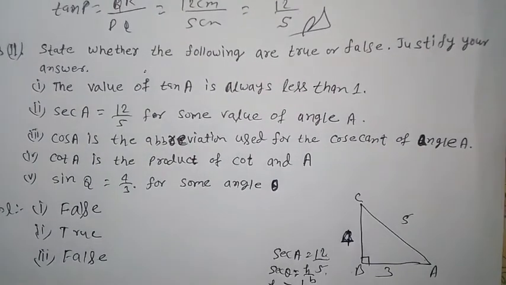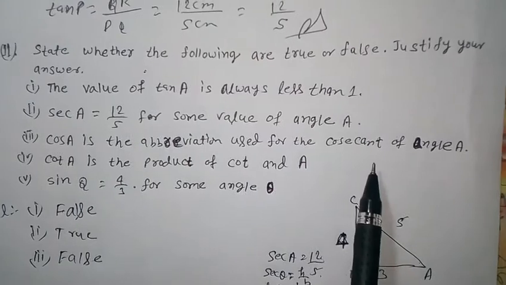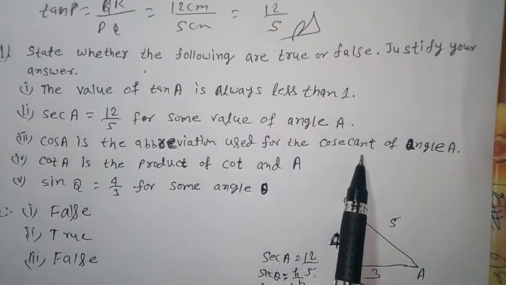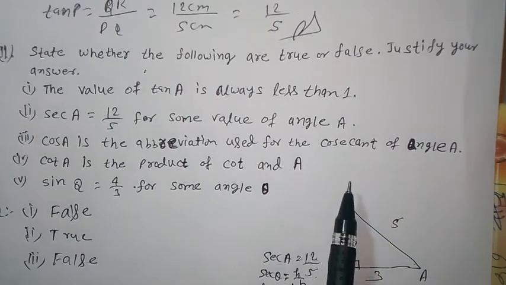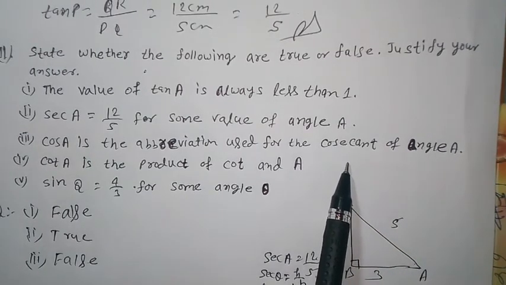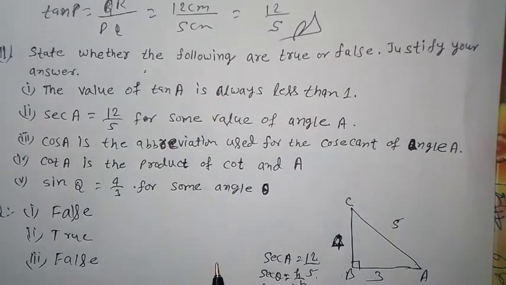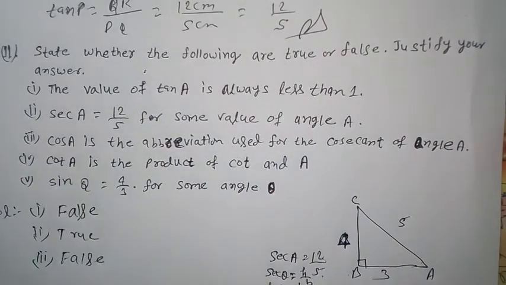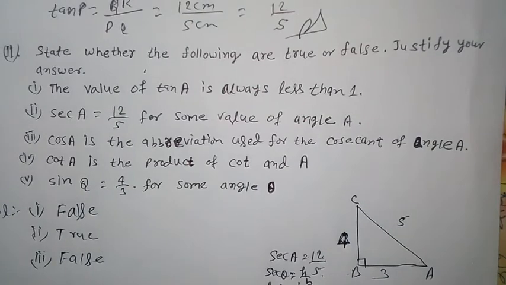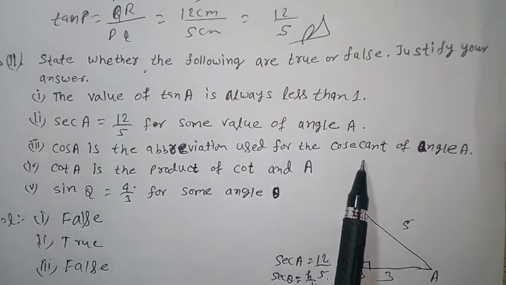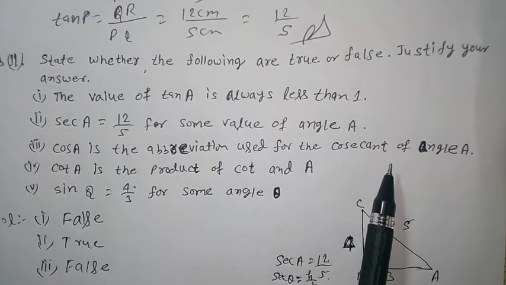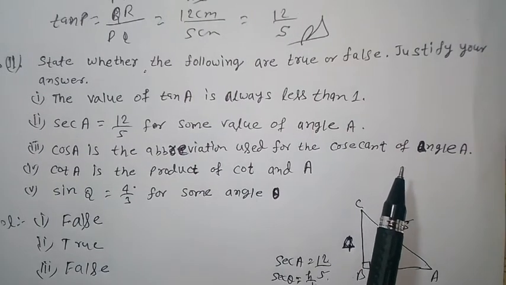Because cos A is the abbreviation of cosine A. Cosine A, the abbreviation of cosine A is equal to cos A. So this is not true. Cosine A is not the abbreviation of cosec A.